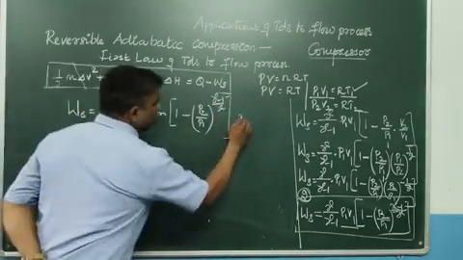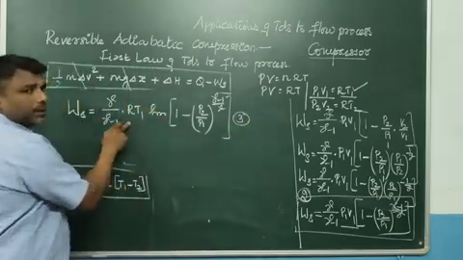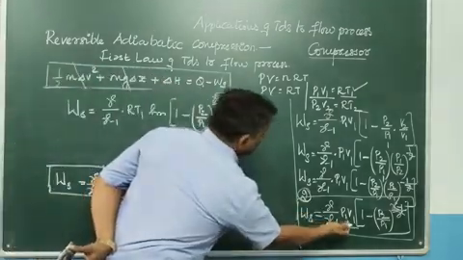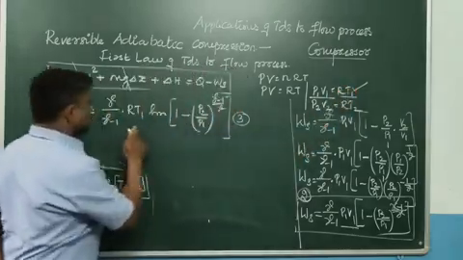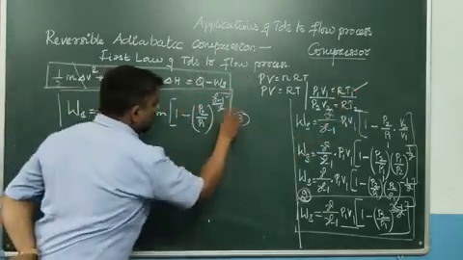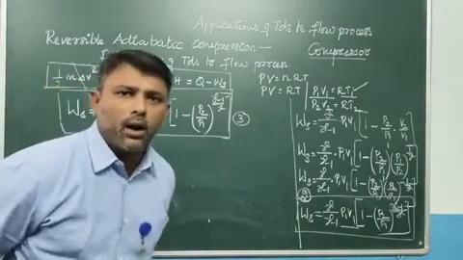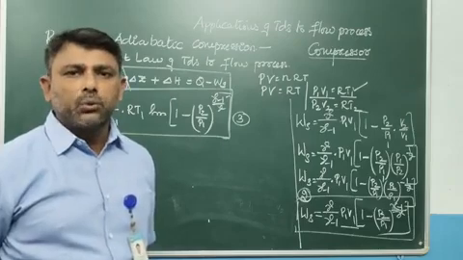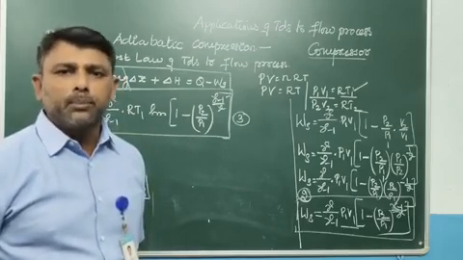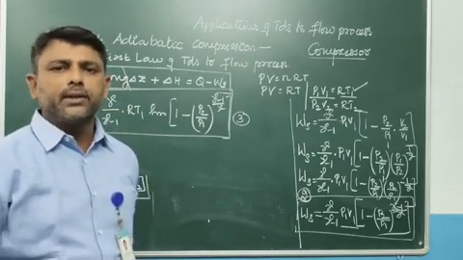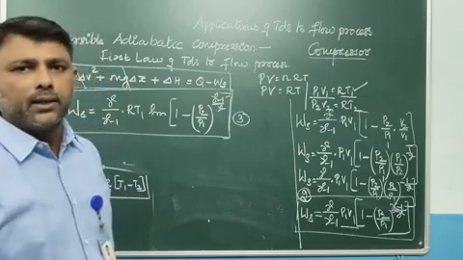This is equation number 3. In this equation, instead of P1 V1, I am writing RT1. That's all. This is equation 3 used to estimate the isentropic work or minimum shaft work required to compress the air or gas from initial pressure to final pressure. Clear? Thank you.